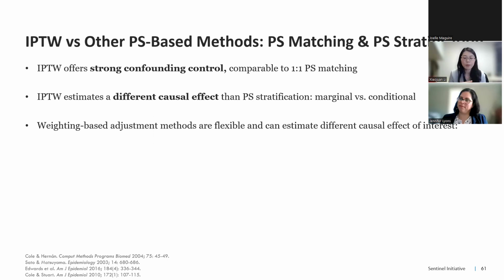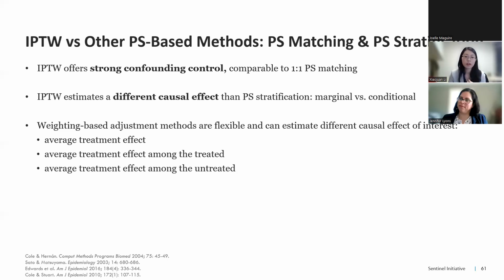And in comparison to other propensity score-based methods, this weighting-based adjustment method is more flexible and can estimate different causal effects of interest. We can alter the weights as we have seen earlier to estimate the average treatment effect, or ATE, in the entire population, or just the average treatment effect among the treated or among the untreated.